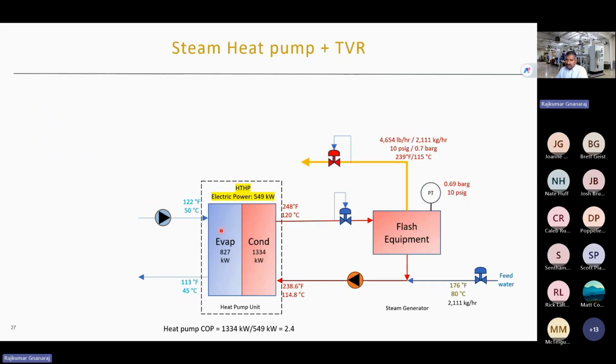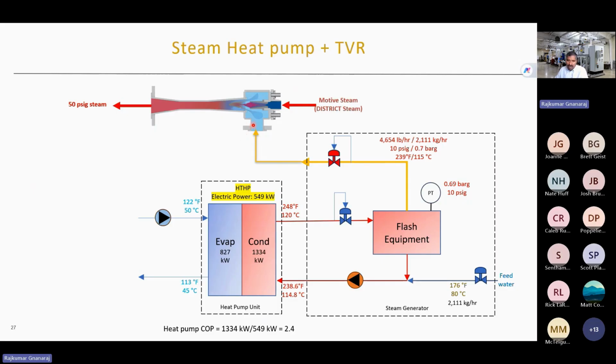Since we make 248 degree Fahrenheit hot water from a heat pump, where the source needs to be 110 degree Fahrenheit and above, we can make 248 degree hot water. If we flash that in a flash vessel, we can make steam up to about 10 psi. And this steam, you can put in a thermocompressor.